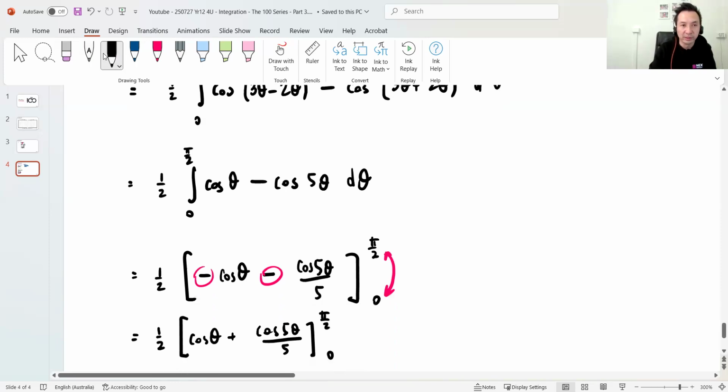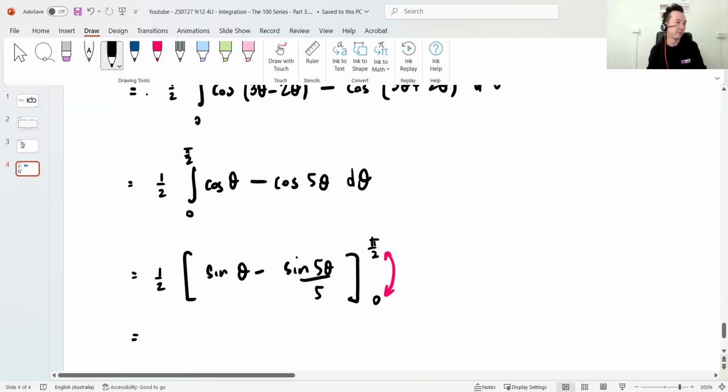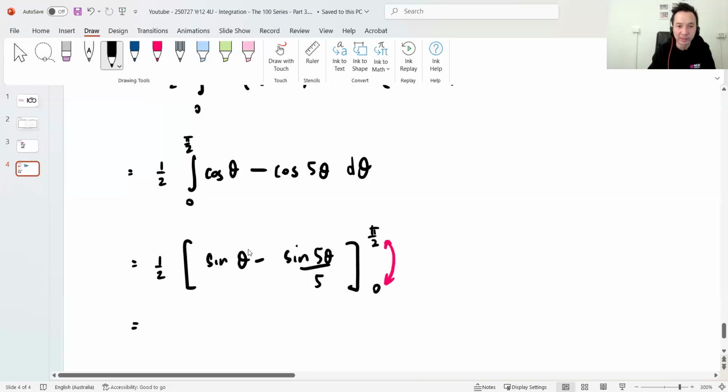And so when I integrate cos, it's actually better because it's positive. So it makes things a little bit easier, so I don't have to do this separate line here. Sweet, let's fix that quickly. Integrate that: sine theta minus sine 5 theta on 5. Good thing I checked.